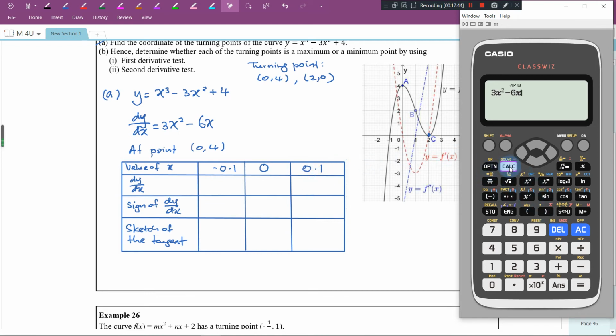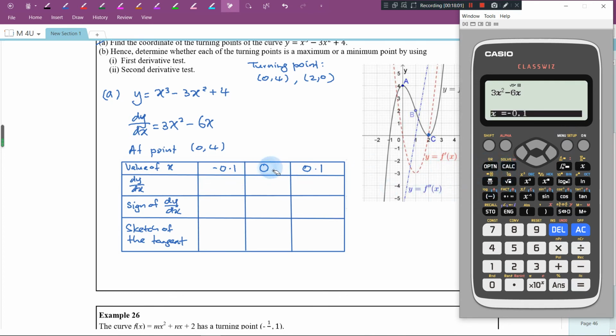Press calculate. Then key in the value of x you want, negative 0.1. Press equal. You will get 0.63.